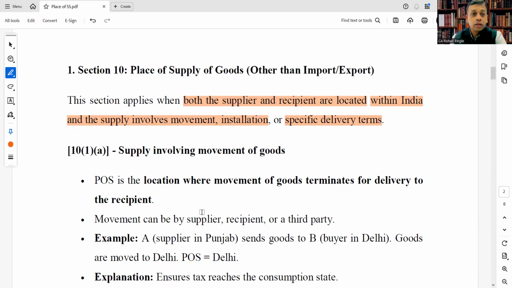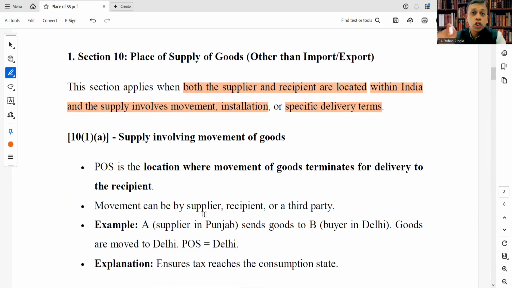First part under section 10. Section 10, subsection 1, clause A talks about supply involving movement of goods.